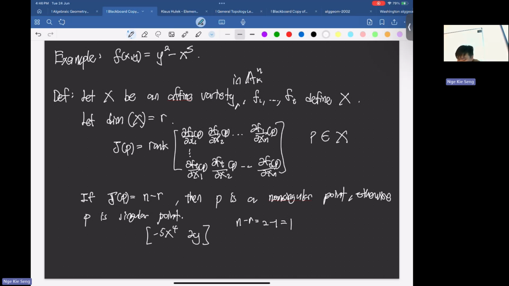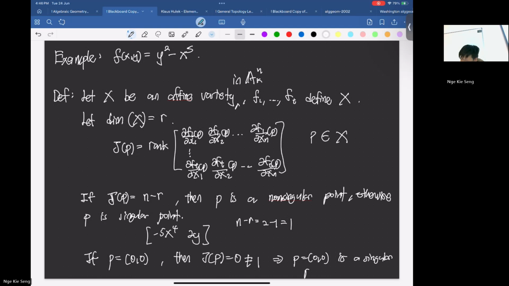But if you substitute the origin, the point 0, 0, then the rank of J at p is 0, which is not equal to 1. So this means our point p, the origin, is a singular point.